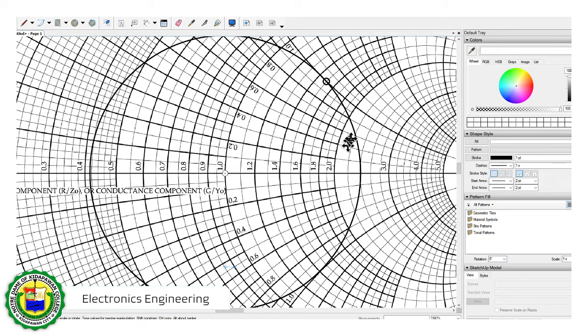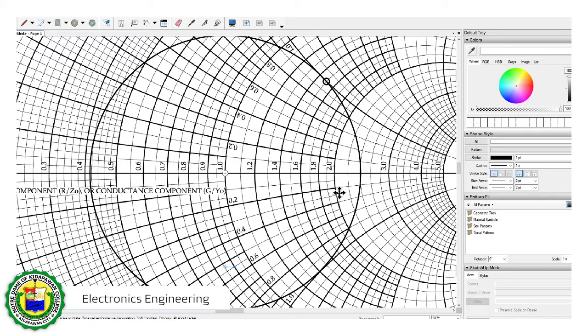Again, we are moving from the load towards the generator, because we are starting from the graphing of the load, so it makes sense to move towards the generator. The purpose of identifying these intersections, class, is to identify points where our line is purely resistive, and that is where we want to connect our quarter wave transformer.